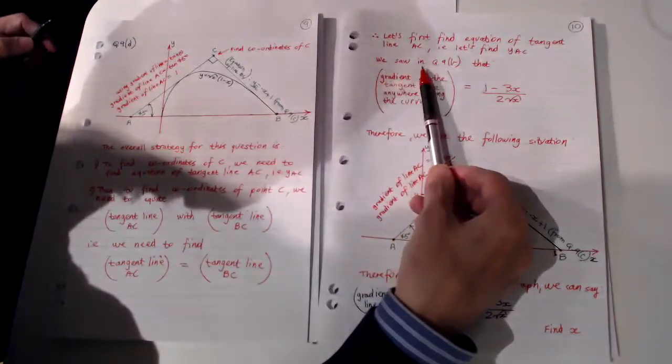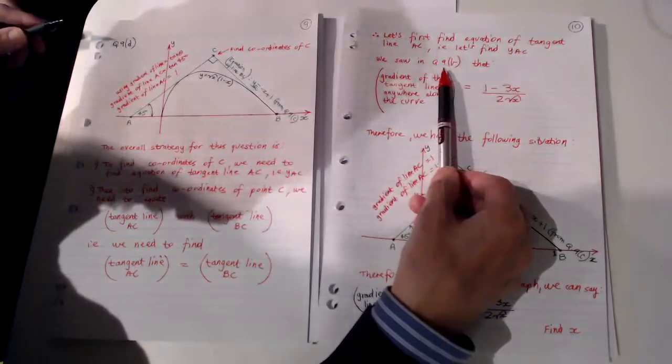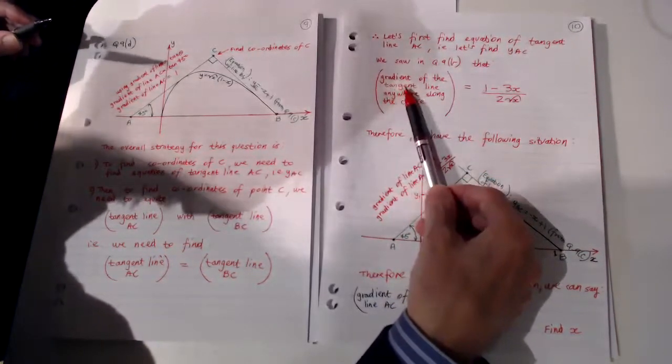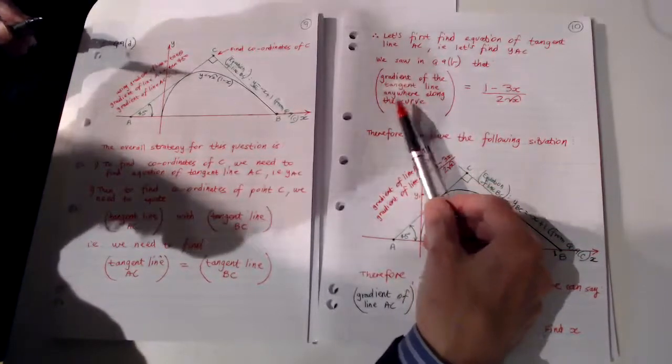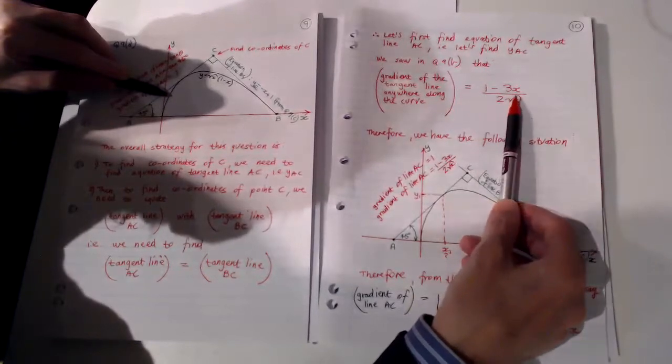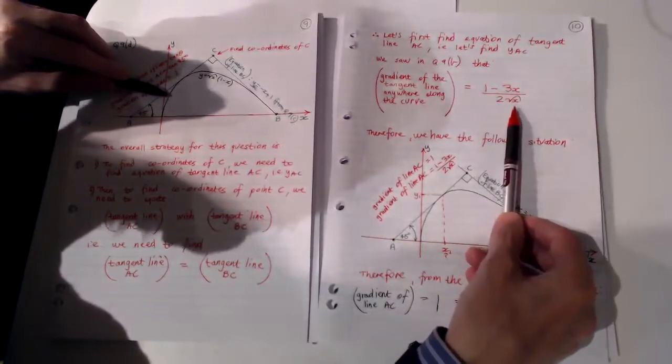Well, we saw in question 9b that the gradient of the green tangent line, no matter where it is along the black curve, will always be equal to 1 minus 3x on 2 square root of x.